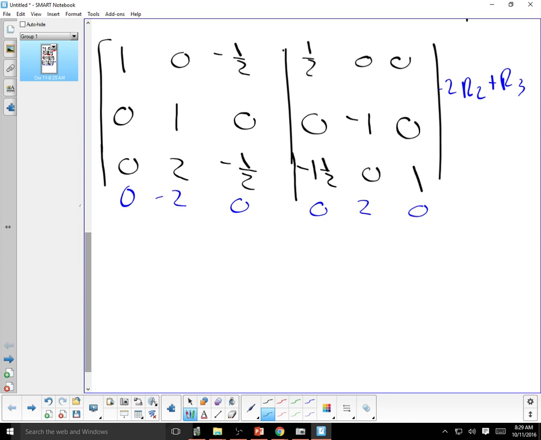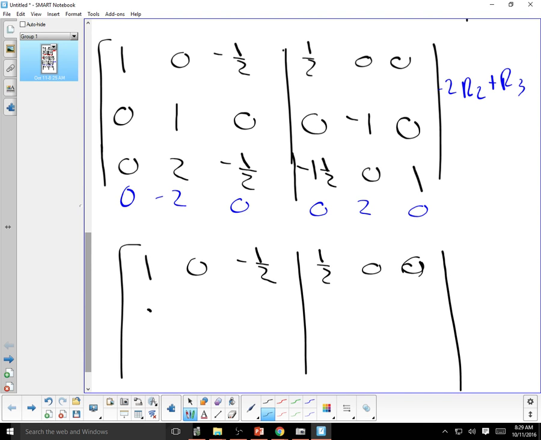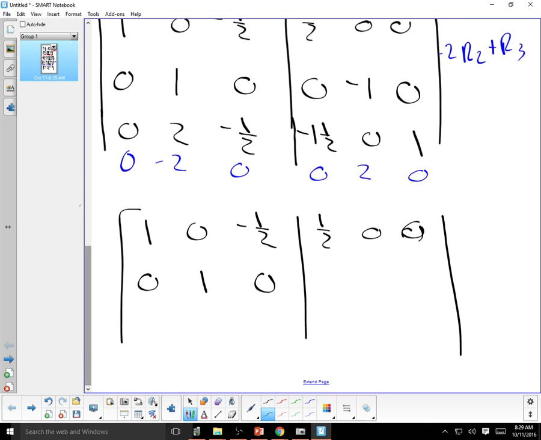Okay. All right, cool. Here we go. Row 1 doesn't change, so I've got 1, 0, negative 1/2, 1/2, 0, 0. And I've got 0, 1, 0. And here we go. So 0 plus 0 is 0. 2 plus a negative 2 is 0.